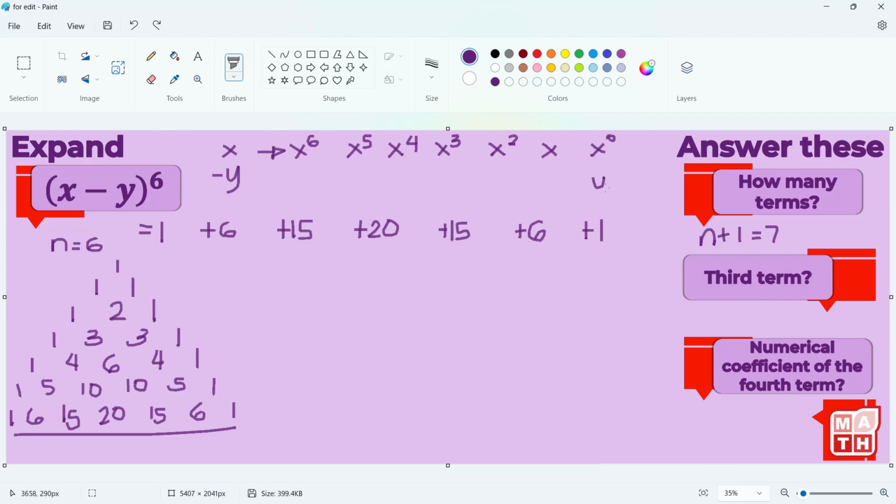So we'll have y to the power of 6 and we'll go down that way. But take note of this, as mentioned earlier, if this is 2x, then we're going to enclose this in parentheses. Since this is not just any y, but this is negative y, we're going to enclose it in parentheses. So negative y raised to the power of 6. Please don't forget that because it will have a very important meaning on our result.